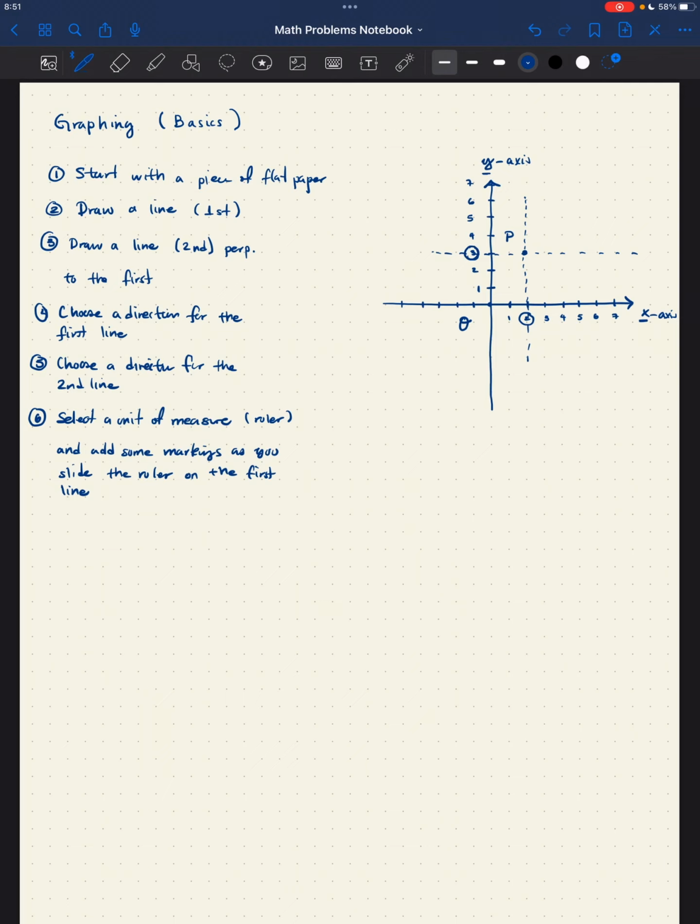What we have now is that P is associated with an ordered pair of numbers, namely 2, 3.